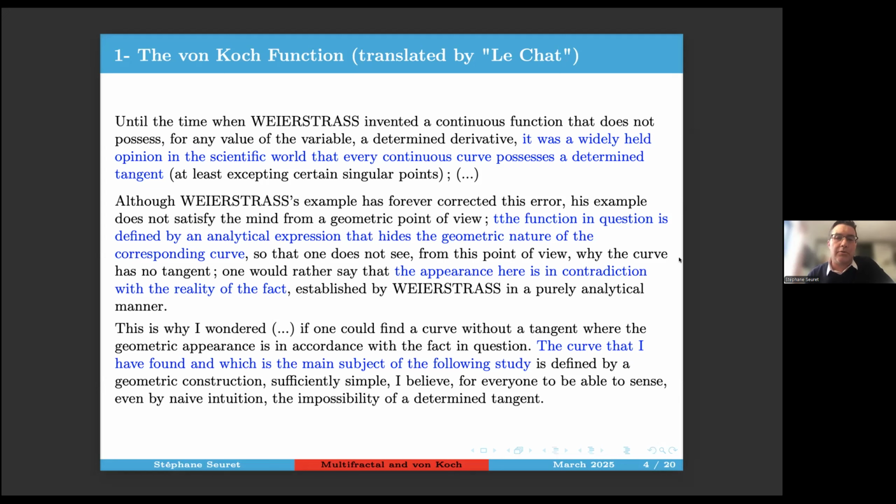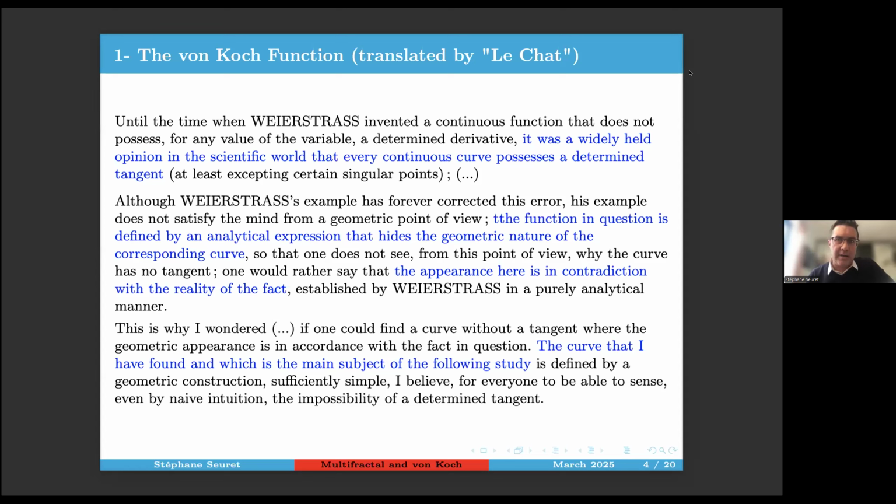But although Weierstrass' example has forever corrected this error, his example does not satisfy the mind, because the function in question is defined by an analytical expression that hides the geometric nature of the corresponding curve. One would rather say that the appearance is in contradiction with the reality of the fact established by Weierstrass in a purely analytical manner.